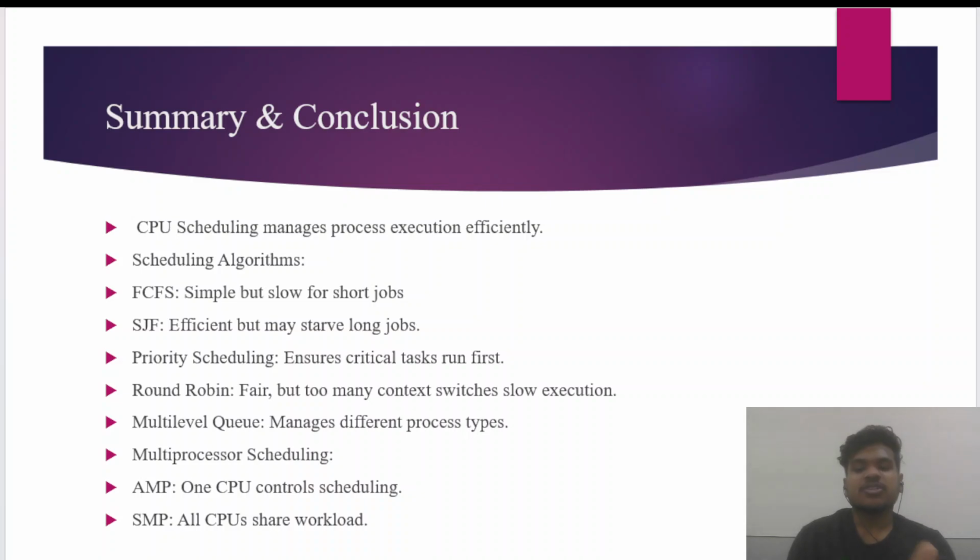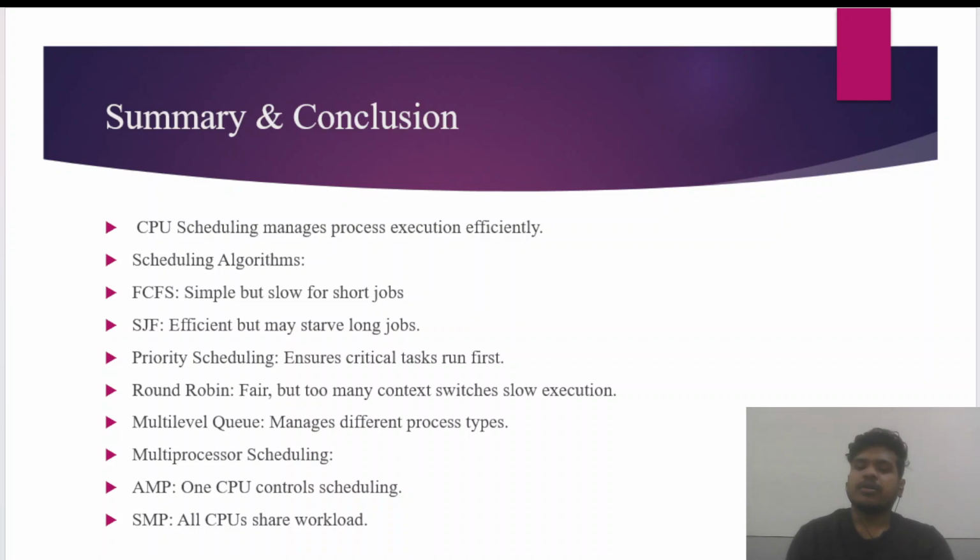Then shortest job first: it is very efficient, but longer jobs may starve indefinitely. Then we have priority scheduling: high priority tasks first, but there is a risk of starvation for low priority tasks.